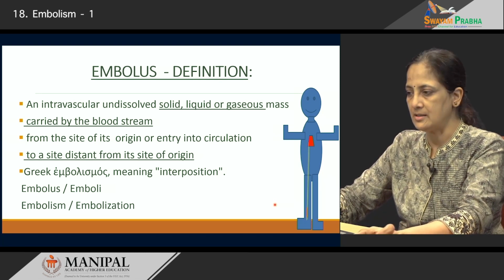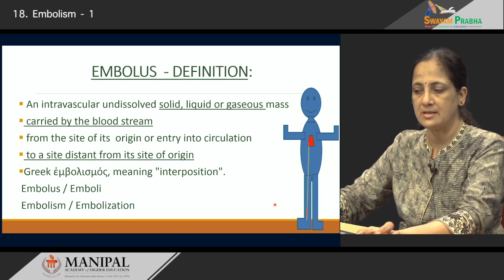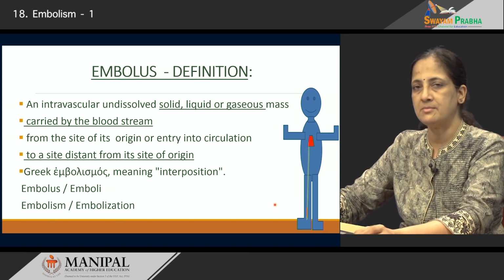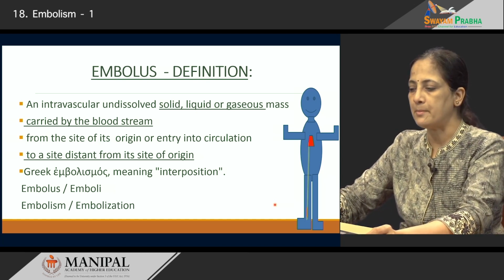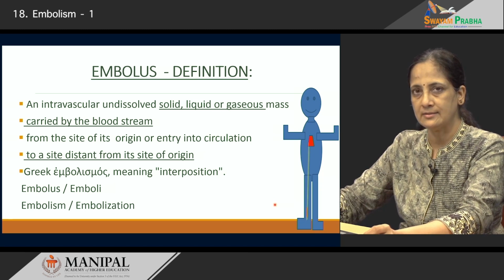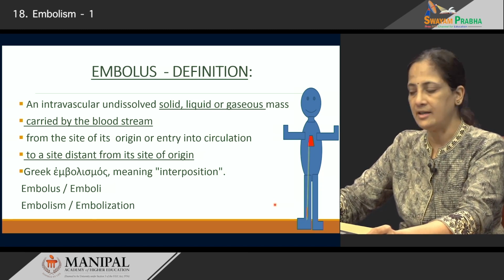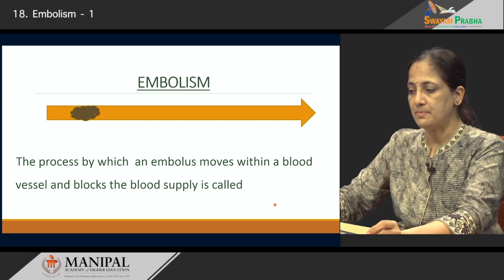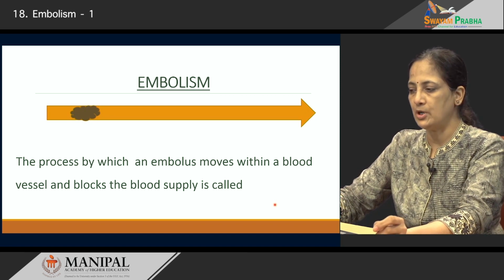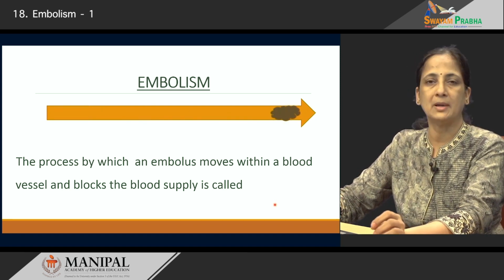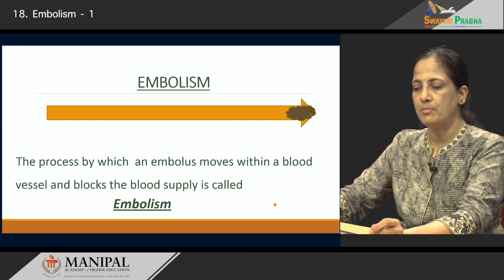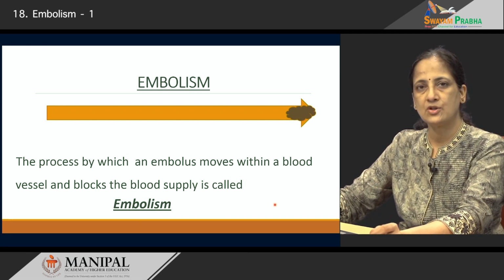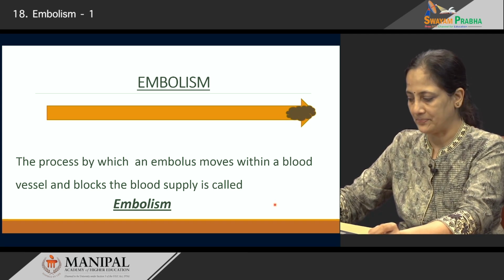This solid mass or liquid mass or gaseous mass which is moving in the bloodstream is referred to as an embolus if it is singular, and emboli if there are many. The process by which this embolus moves within the blood vessel and blocks the blood supply is called embolism.